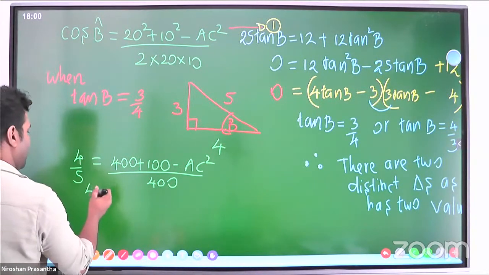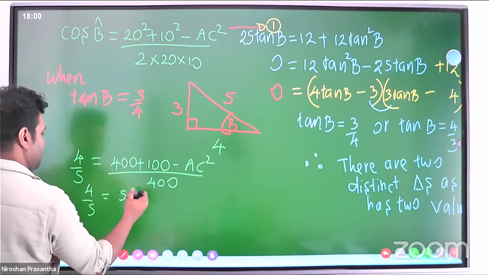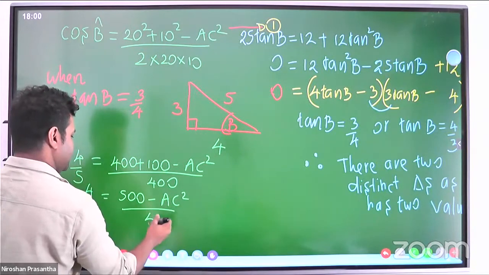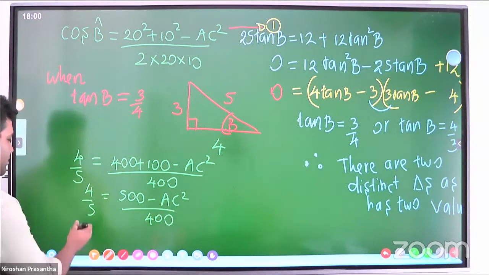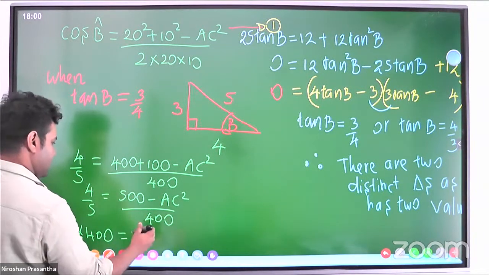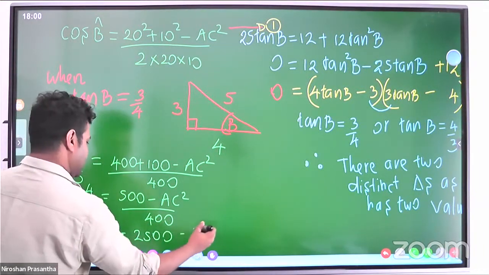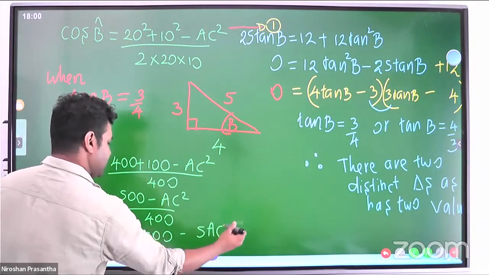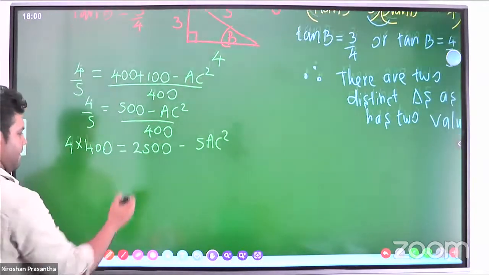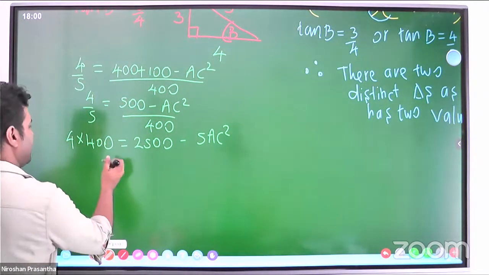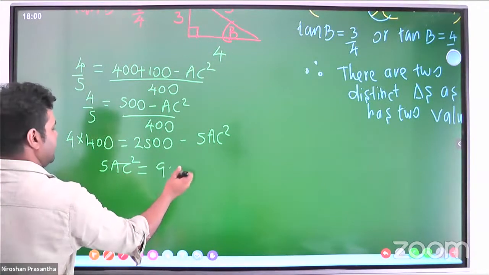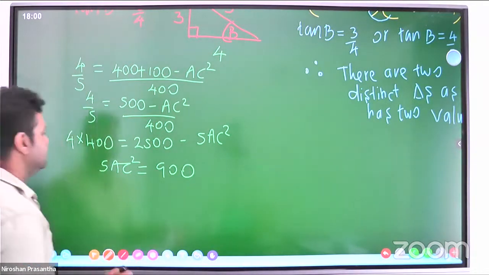And 4 over 5 equals 500 over, AC is power 400. 4 into 400. 2500 minus 5 AC square, and 5 AC square equals 900.